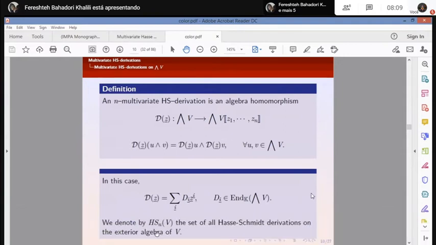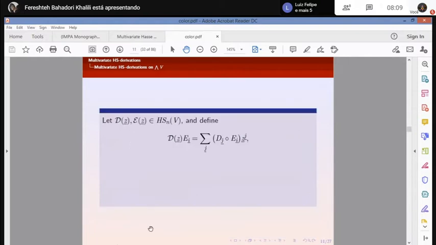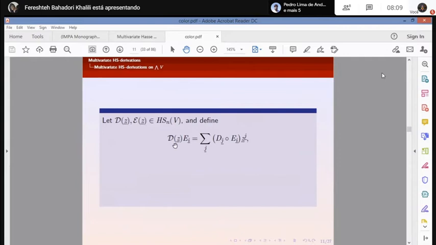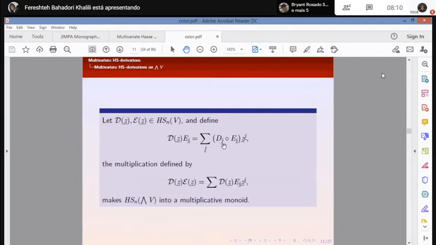We can define a multiplication on this set: if these two are Hasse-Schmidt derivations, then we define this product to be the sum of these compositions, and then the multiplication of these two Hasse-Schmidt derivations is defined by this equality.